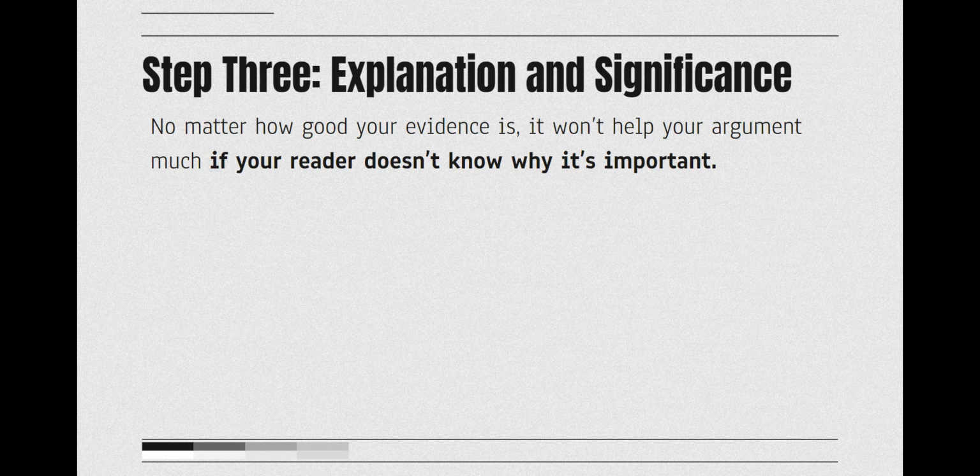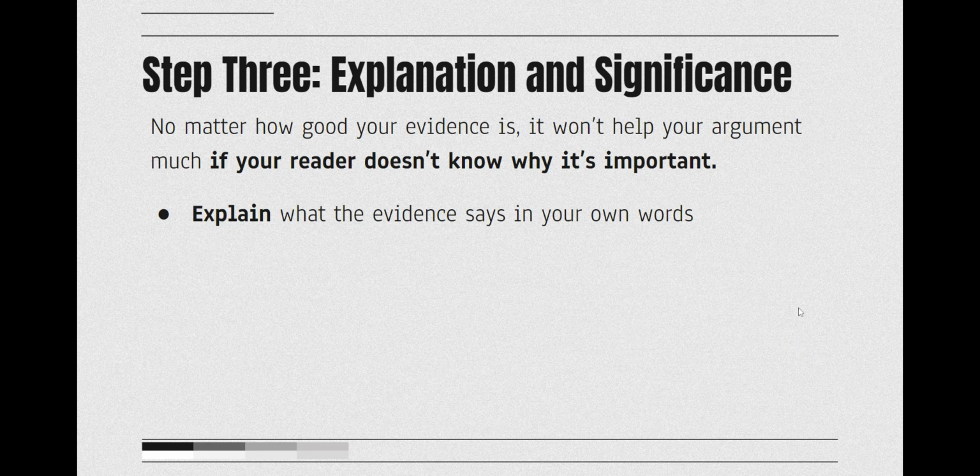If you're unable to make that logical connection, aka some logos there, you're going to lose your audience because you're not able to rationalize why you pulled evidence in the first place. That's why we have to make sure that, first of all, our evidence is relevant and credible and sufficient for our argument, but then we have to take it to the next step of explaining why it's significant or why you think it's significant.